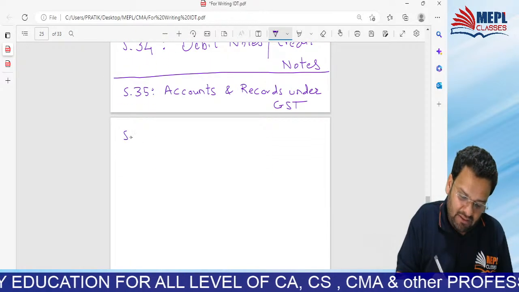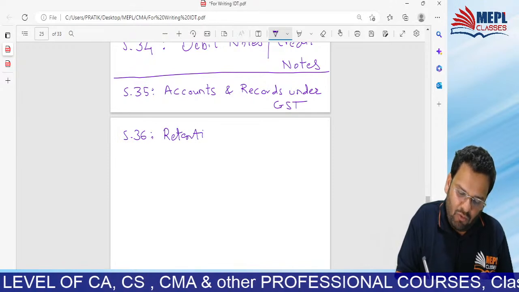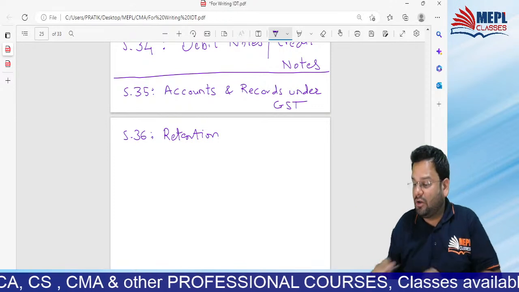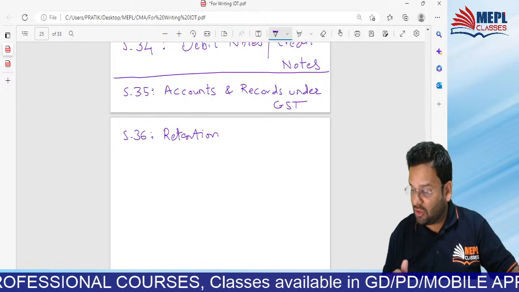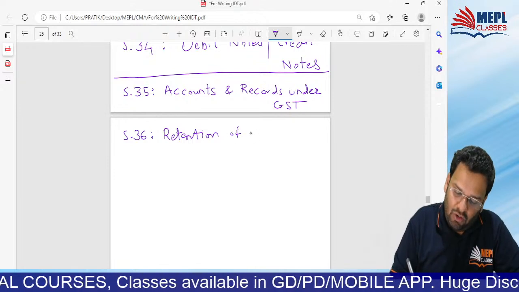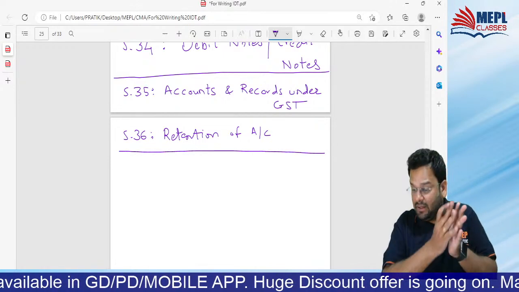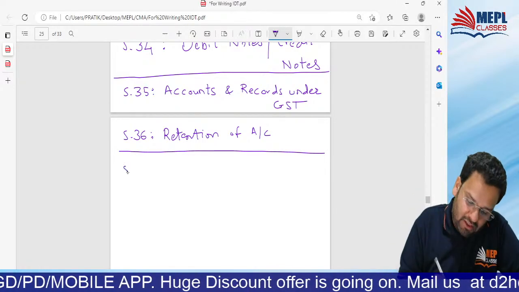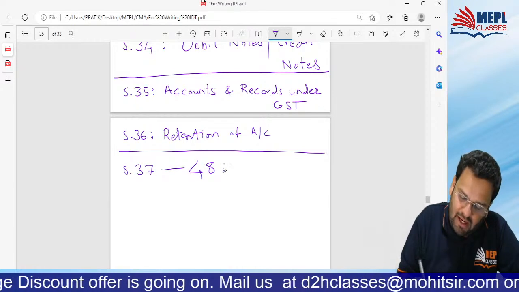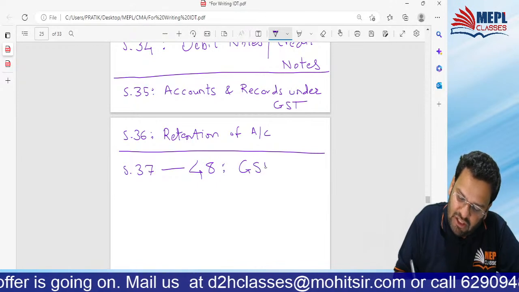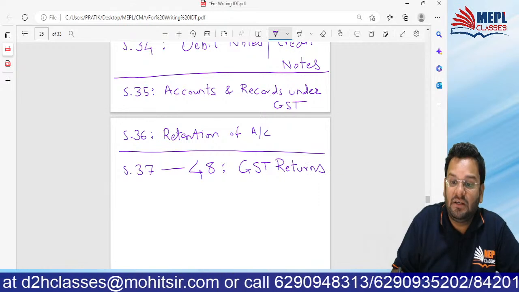Then 36 talks about retention, meaning for what time you will keep these accounts and records. Friends, then 37 to 48, I will tell you in bulk. 37 to 48 talk about GST returns.